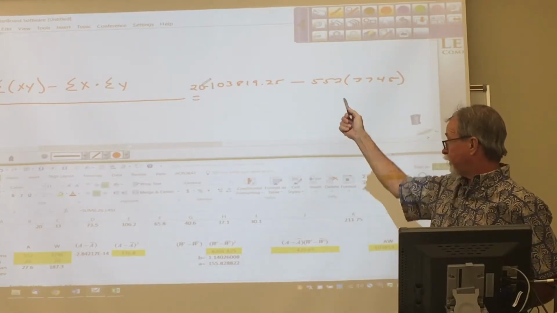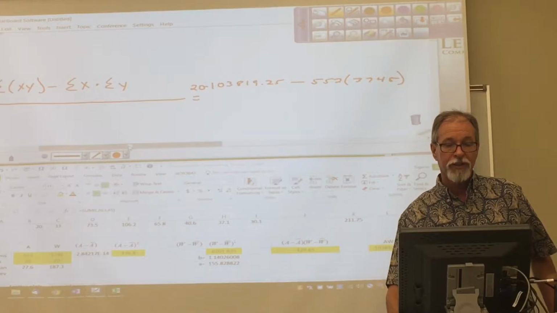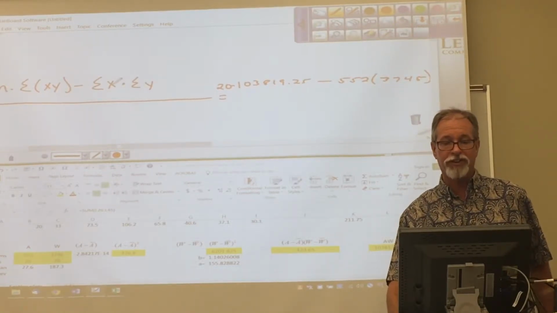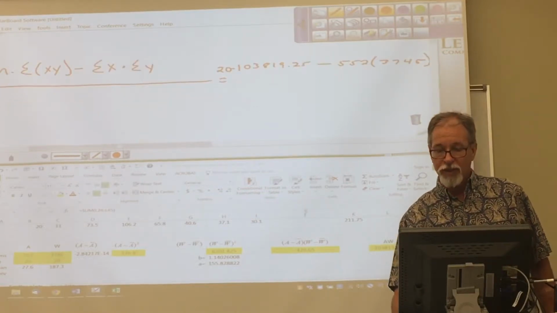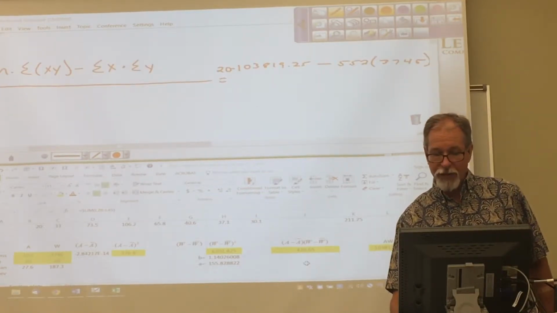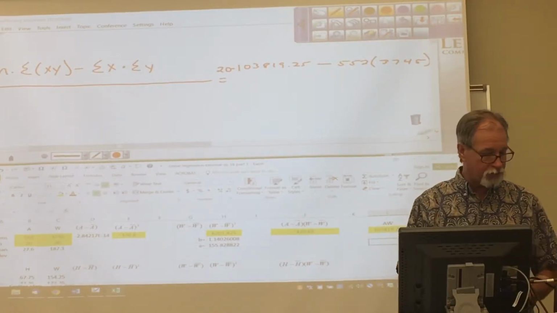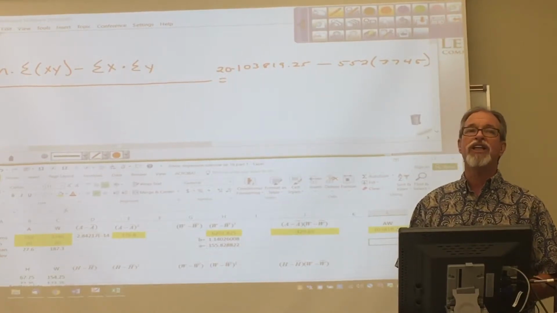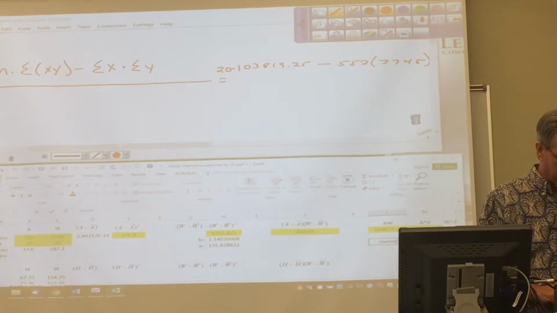So I have to take 20 times that 103, because the formula says take 20 times that sum minus this times this. If I'm doing this on Excel, I do it in 5 steps. This is my numerator.